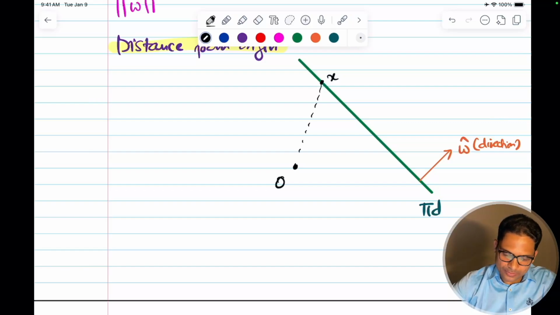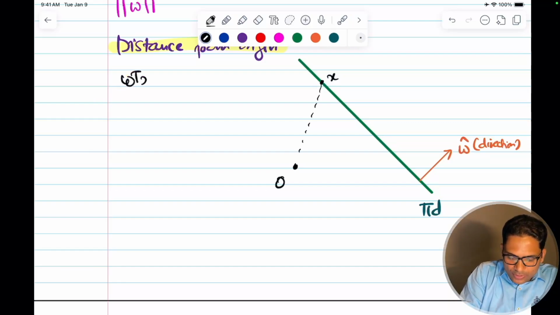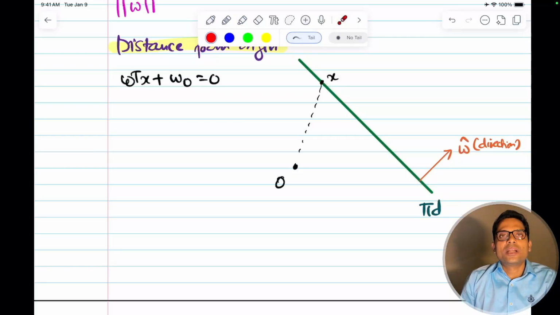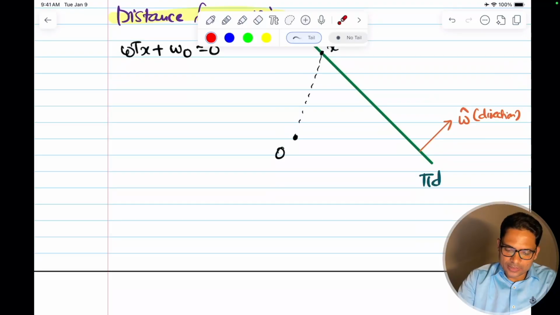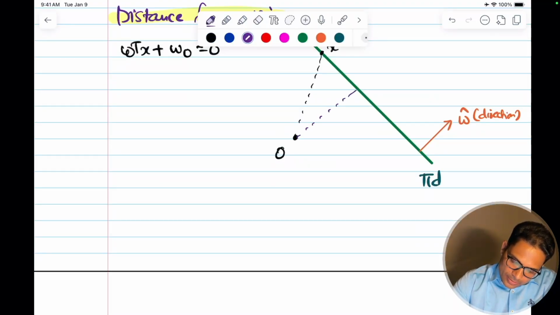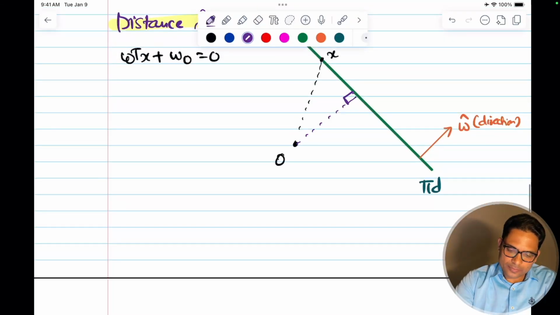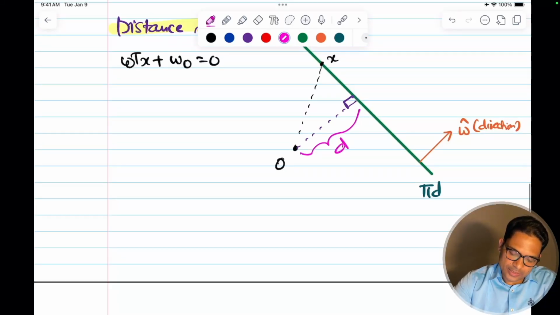My equation is W transpose x plus W naught equal to 0. That will be valid for any x on this hyperplane. And if I want to find the distance of this from the origin, I drop a perpendicular, and this distance is the distance from origin.